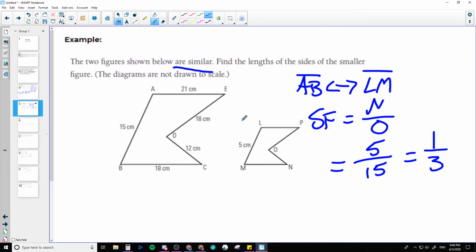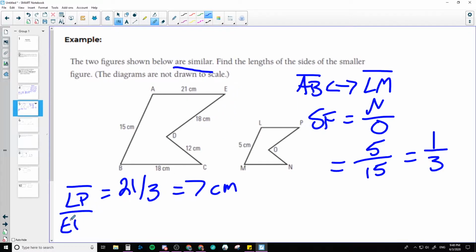So each one of these measurements, we can divide them by 3, and that will give us the answer for these sides. So let's do that. So side LP corresponds with this one. 21 divided by 3 is 7 centimeters. Okay. Side ED corresponds with PO.